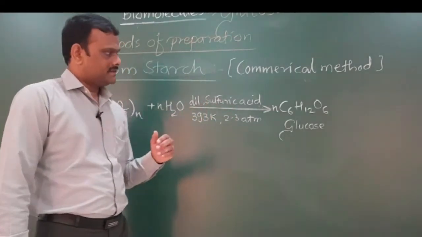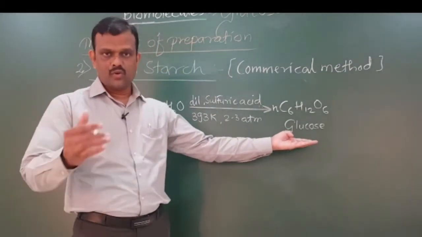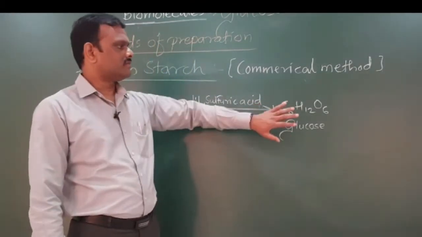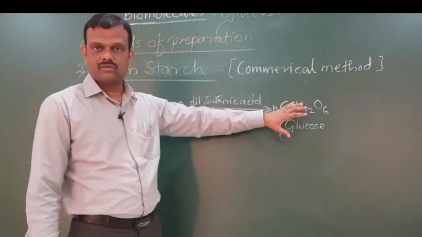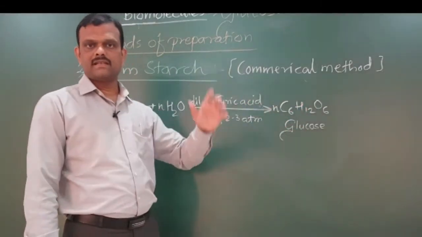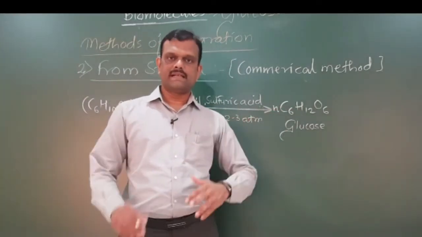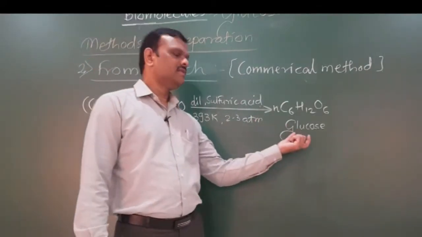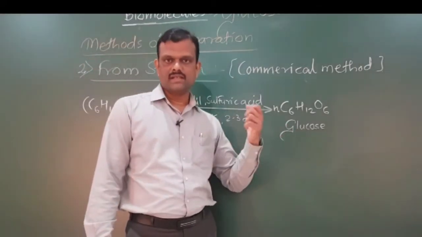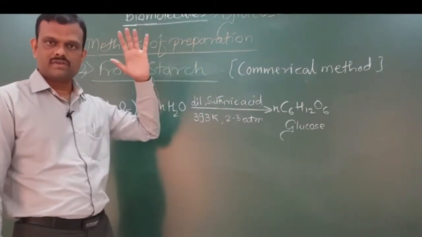The brown colored glucose, which is the crude product of this reaction, is treated with charcoal, which decolorizes the glucose. That means the colored impurities present in the glucose get adsorbed on the charcoal. In this way you will get pure glucose in this process. This one is a commercial method of preparation of glucose.